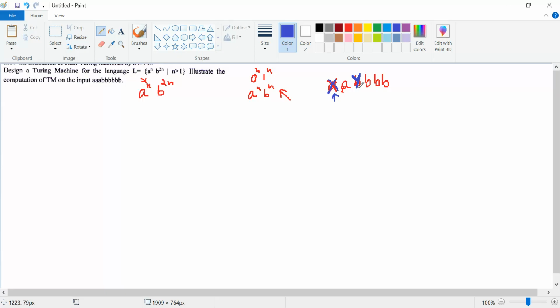So I have to move right again and find another B, replace it with Y. Then move left, find the A, cross it off, then move right and find two matching B's and cross them off. So that's the idea for this problem.